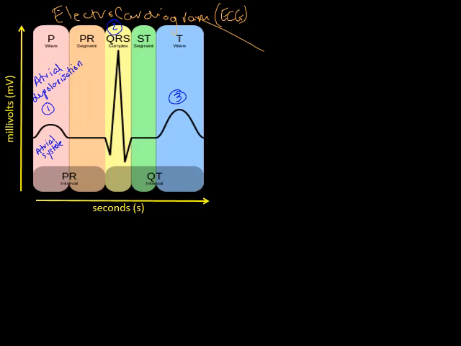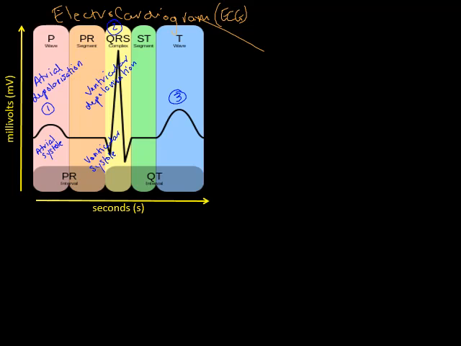So we can call the QRS complex number 2 ventricular depolarization. Okay, and we know when the ventricle walls depolarize, it causes the muscle to contract from the bottom upwards. So the QRS complex represents ventricular systole. Okay.